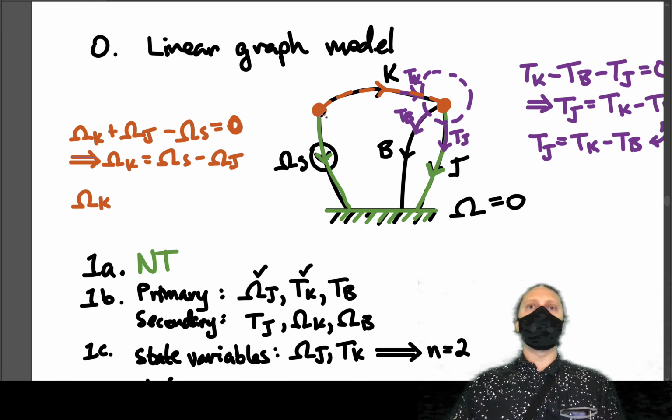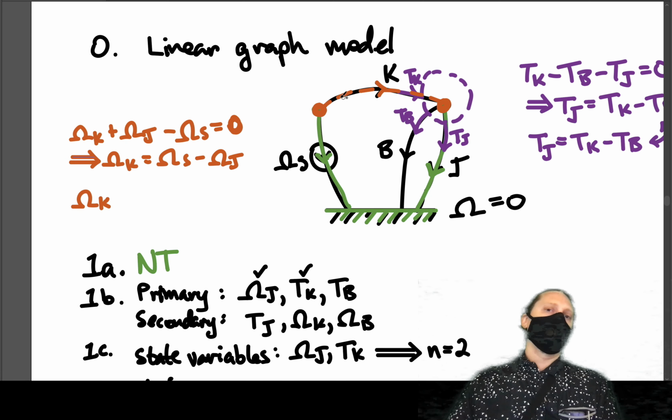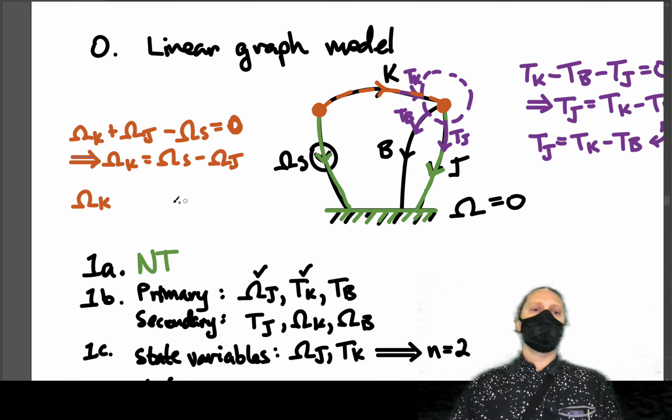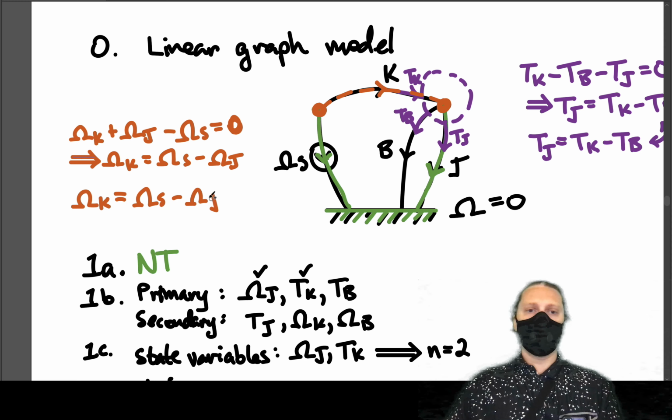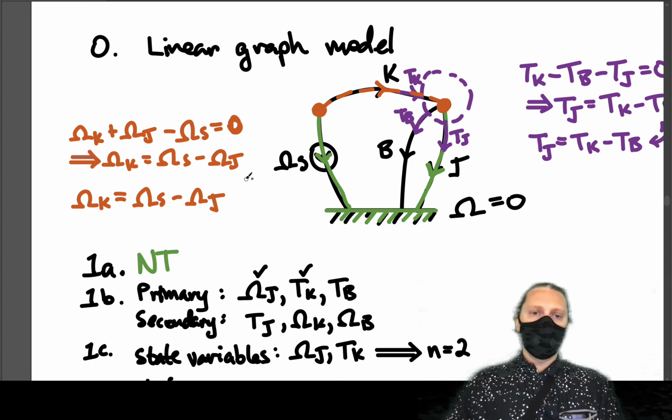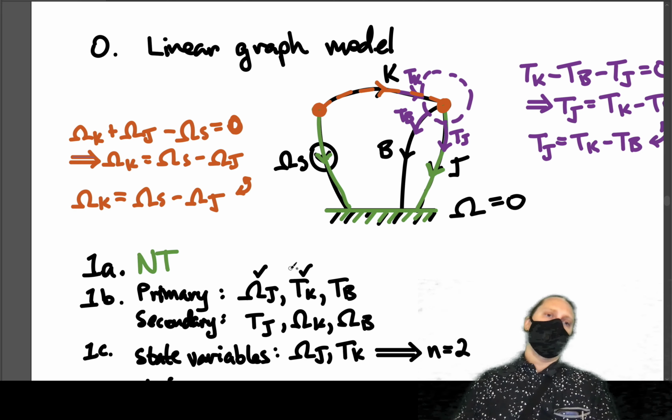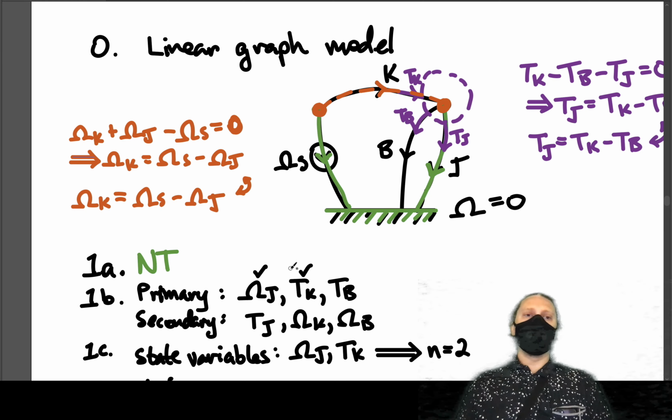If you follow a different path to get here, it has to be equal to omega K. So we can say omega K is equal to, we can start at the tail and follow another path to the head and sum them up. So we'll sum up the drops. Omega S is a drop, and then omega J is a gain, so minus omega J. And these two are the same equation, and either route you took gets you there, no big deal.